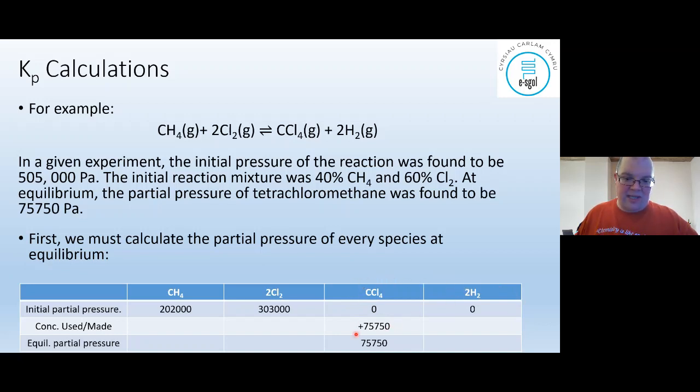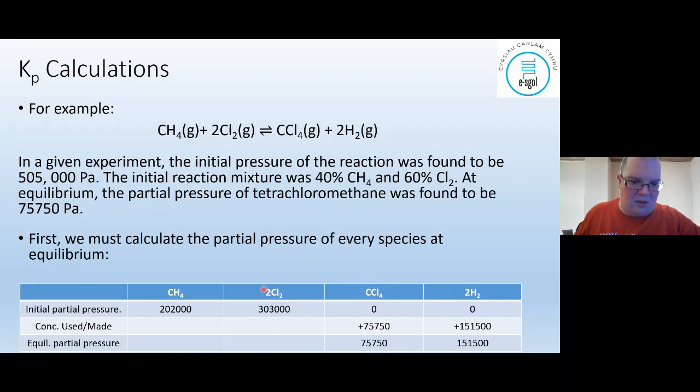So we just multiply this value by 2 to get the value of hydrogen chloride, and we end up with 151,500. We're adding that because it is a product, it is being made. So we add that to 0 and we get 151,500 in total.